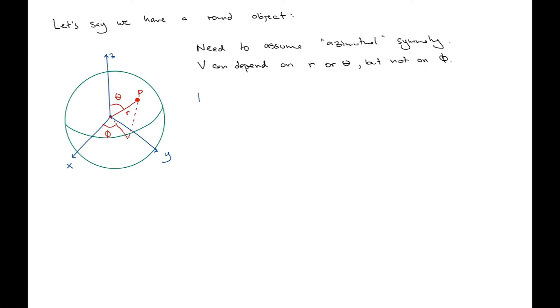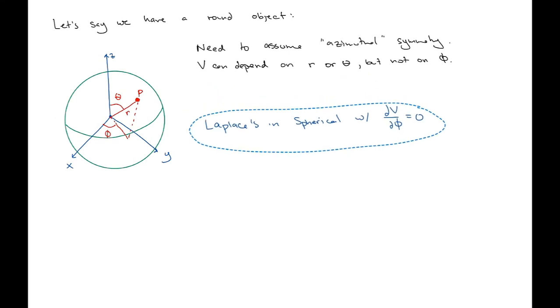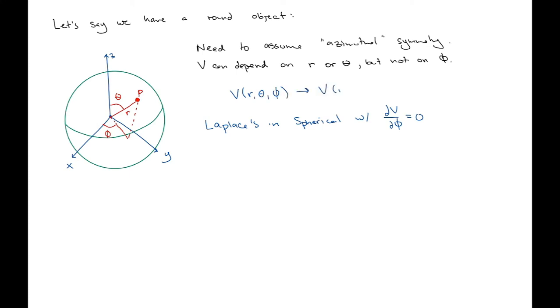That allows us to simplify Laplace's equation because we can get rid of that third term. So if the potential has no dependence on phi, we can assume that the derivative with respect to phi is 0. Okay, so the whole point here is to take a potential that could look like this and make it a potential that just depends on r and theta.